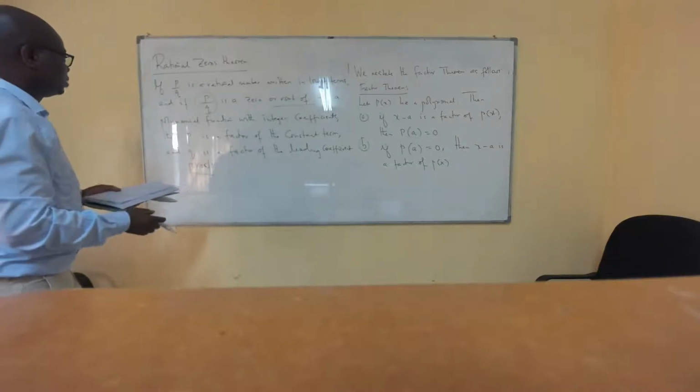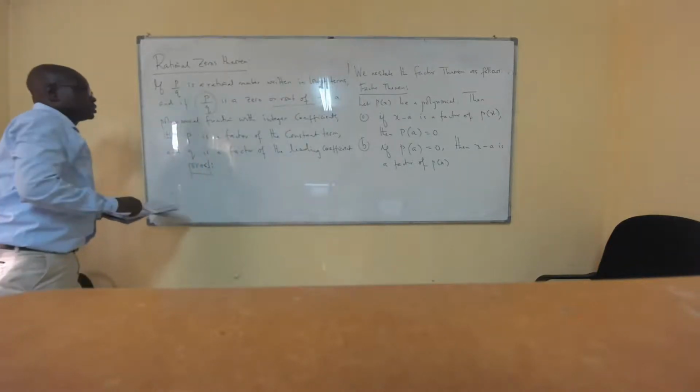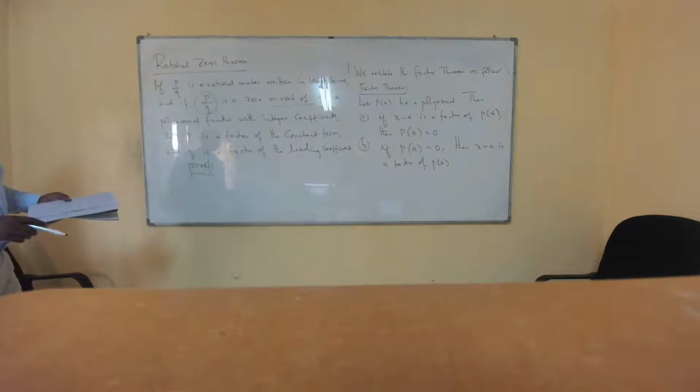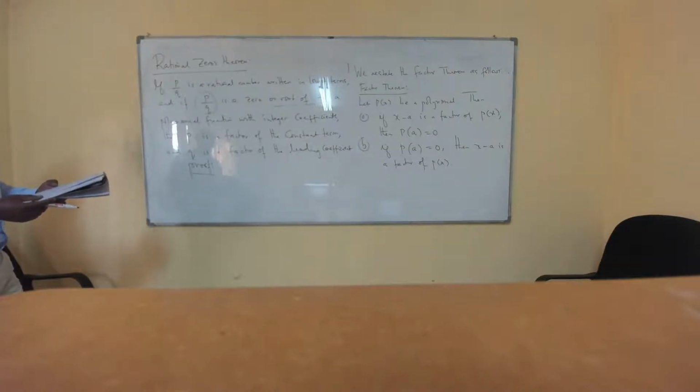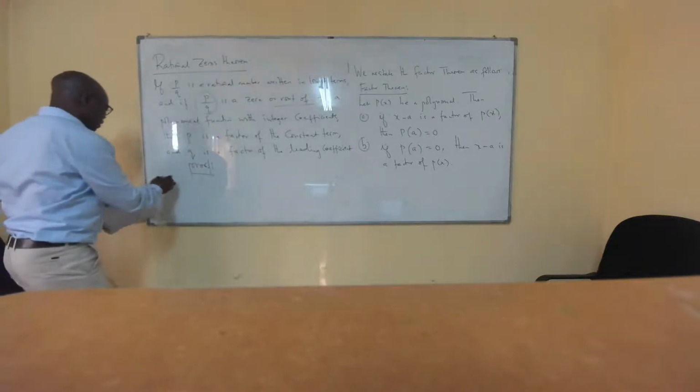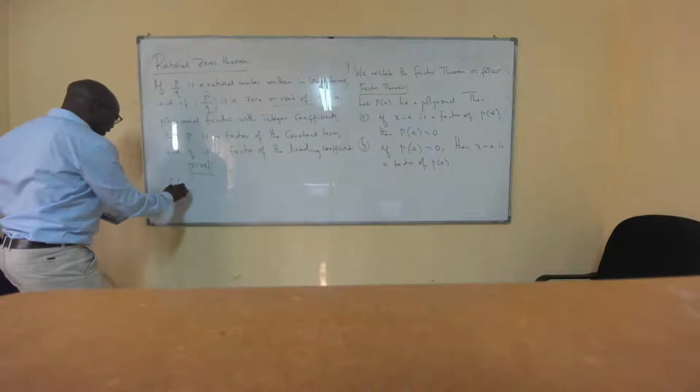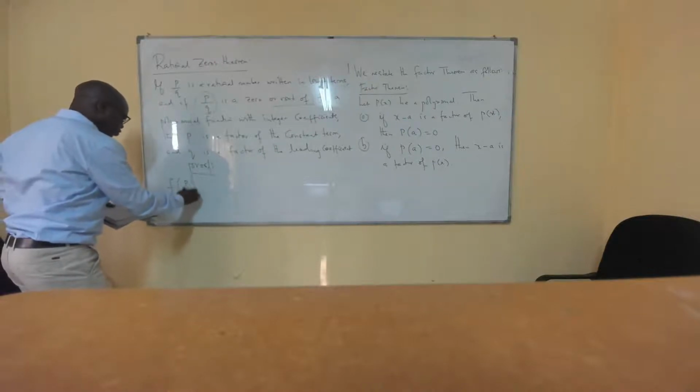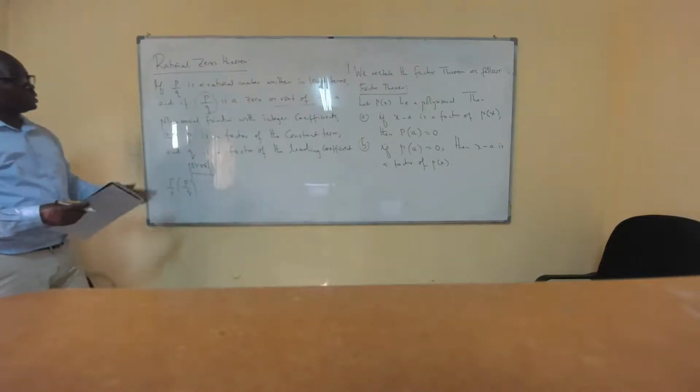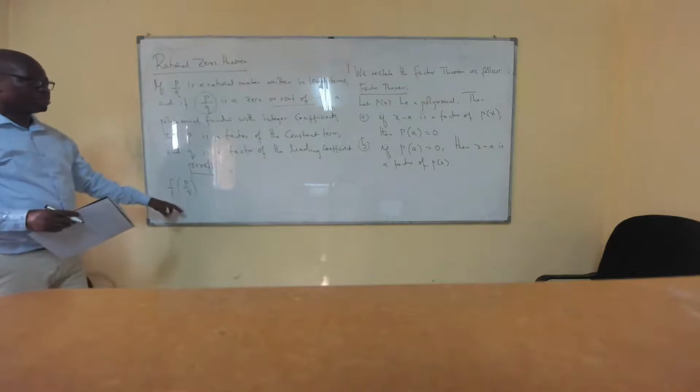So we are assuming this p over q, written in lowest terms, is a zero or a root for a given polynomial whose coefficients are integers. So f evaluated at p over q is zero, because it is a zero or a root.